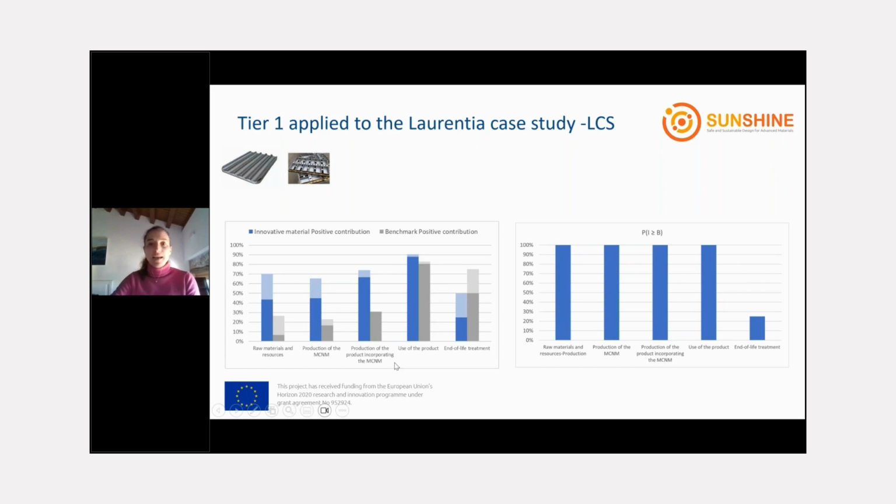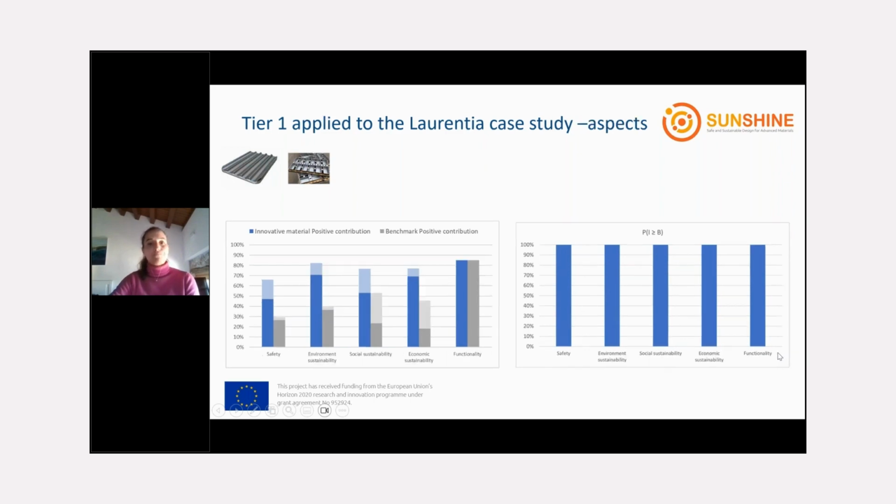On the right side, you can see the probability that the innovative material is better or equal to the benchmark. And as you can see, for all the different life cycle stages, with the only exception of the end of life, the innovative material is performing better or equal to the benchmark.